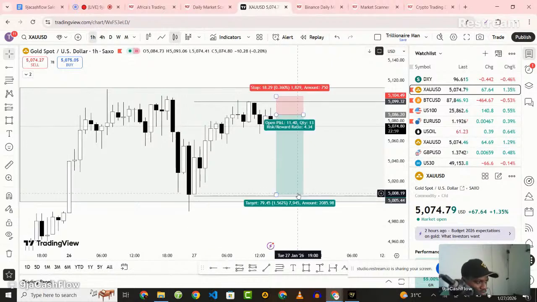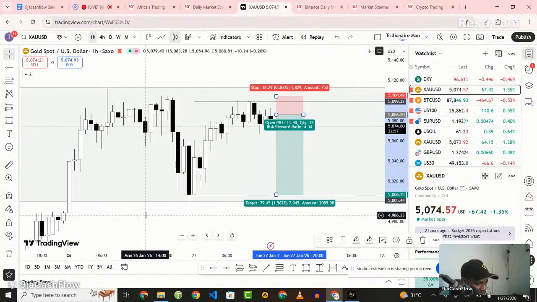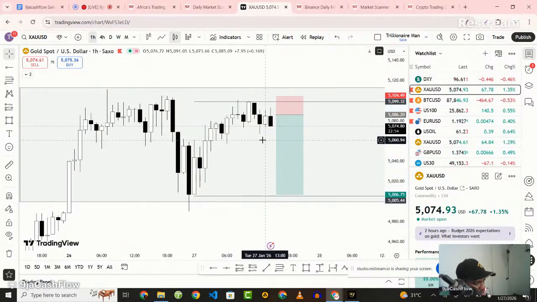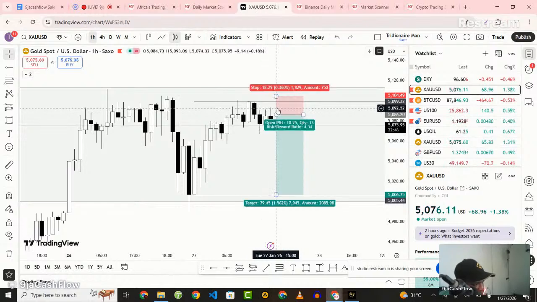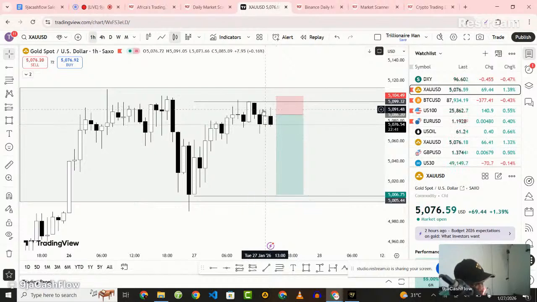But this is a good setup from the high of the day to the low of the day. I just want to see if we see a grab. I know this liquidity has been taken. So we should have entered when we got to 1592 because liquidity in these two places has been taken.